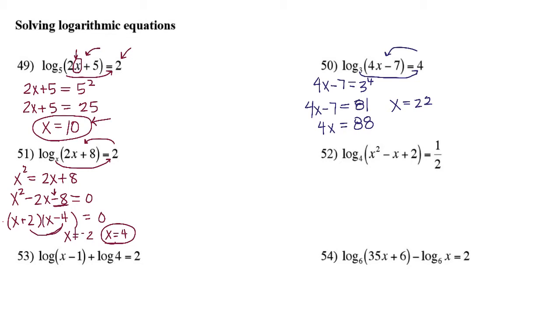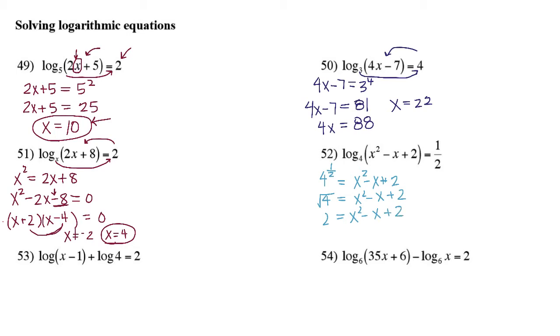All right, so for this particular problem, again, same process. So we're going to say 4 raised to the 1/2 power equals x squared minus x plus 2. Now keep in mind, 4 to the 1/2 power, that means the square root of 4 equals x squared minus x plus 2. And the square root of 4 is 2, so I have 2 equals x squared minus x plus 2.